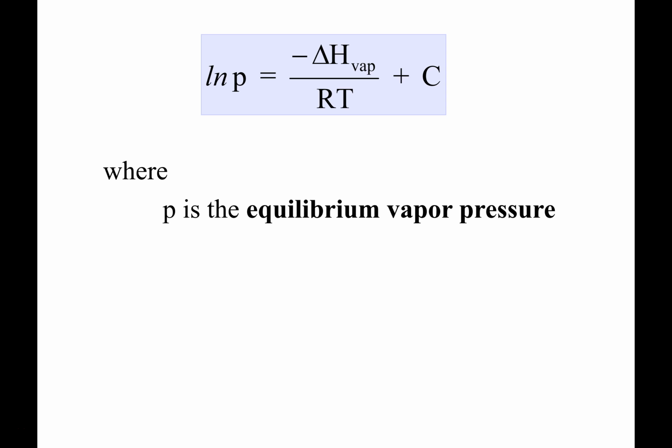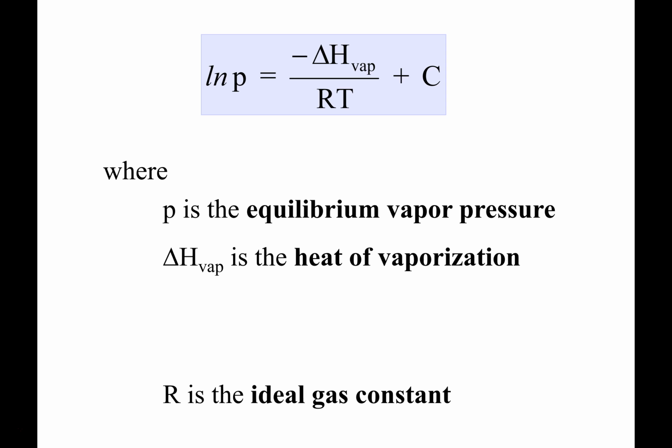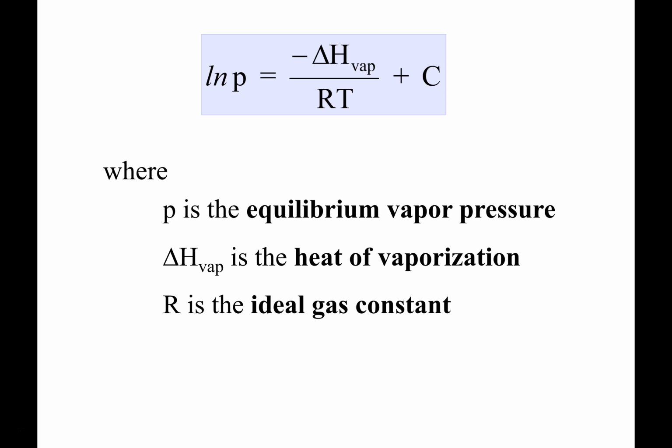So that's actually kind of what we're doing here. Delta H vap is heat of vaporization. R is the ideal gas law constant, but we're going to use the one we used in thermodynamic problems. T is the temperature, but it has to be in units of Kelvin.